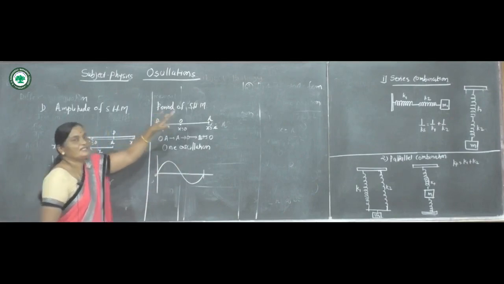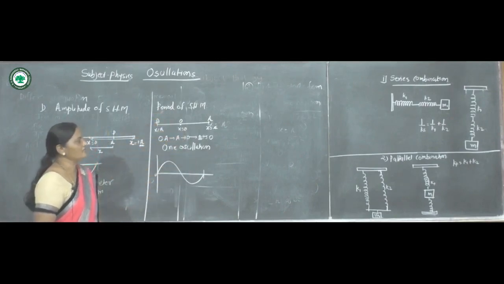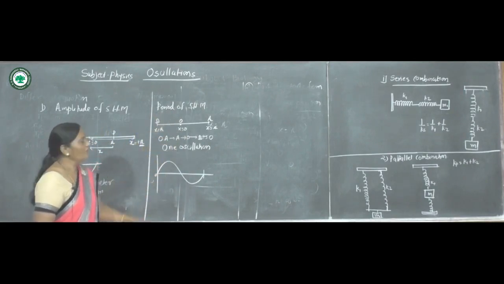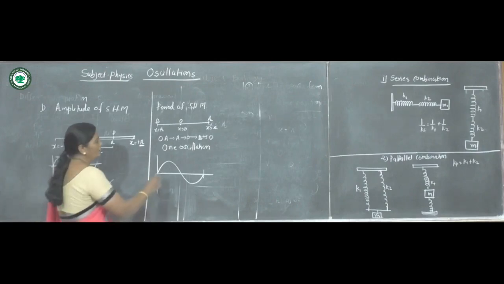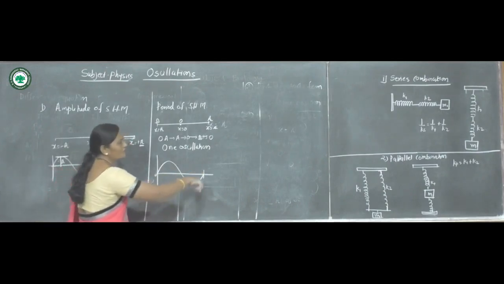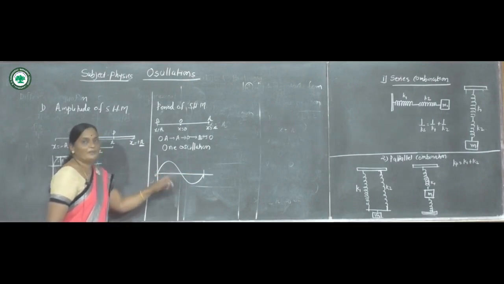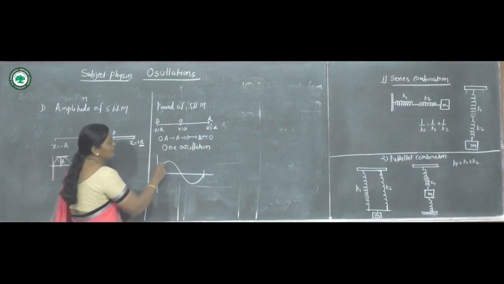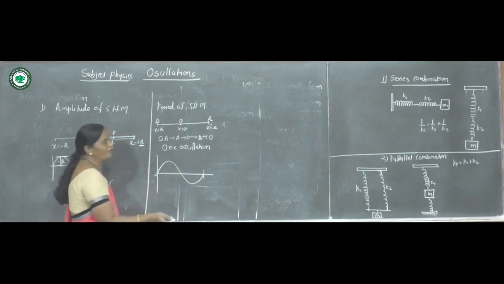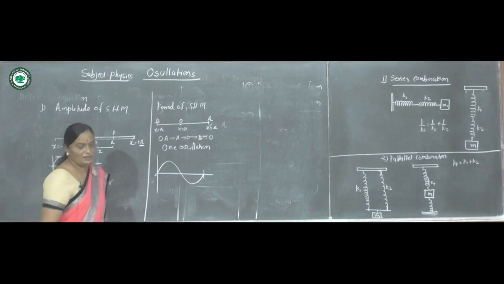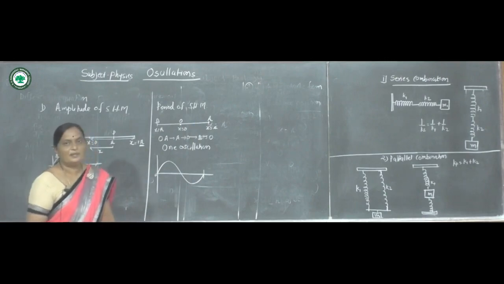Now what is the period of SHM here? The period of SHM is defined as the time taken to complete one oscillation, or one vibration. It is called the period.